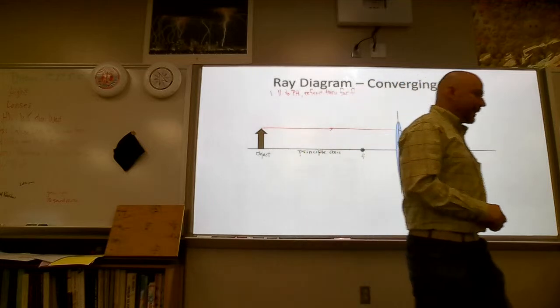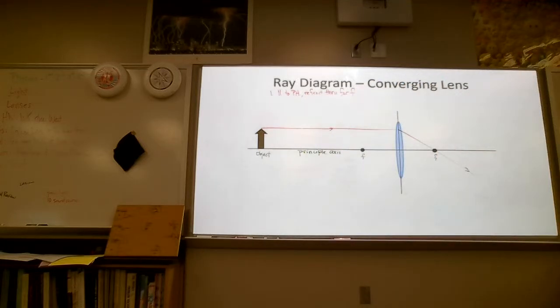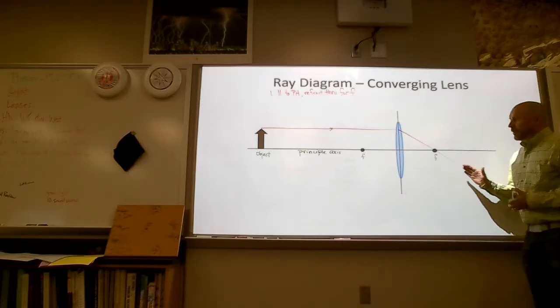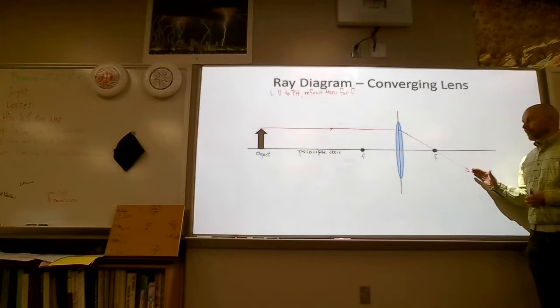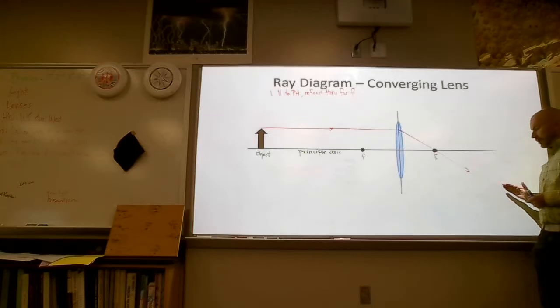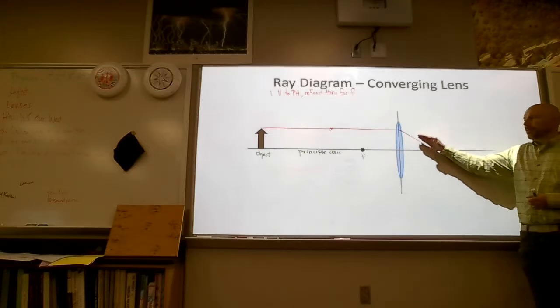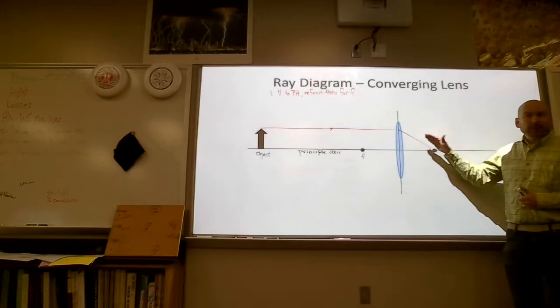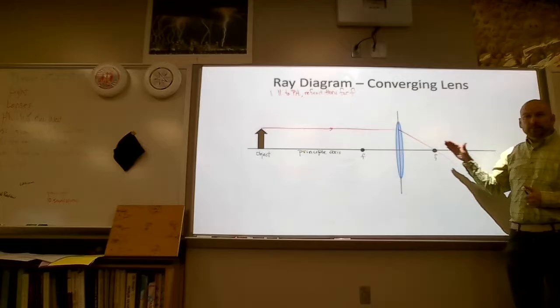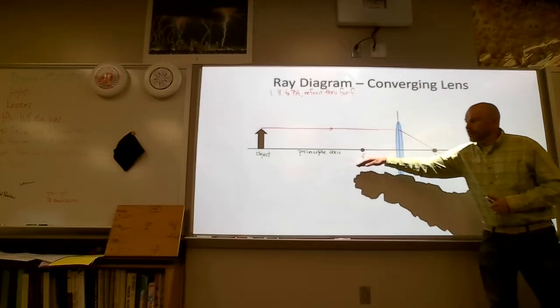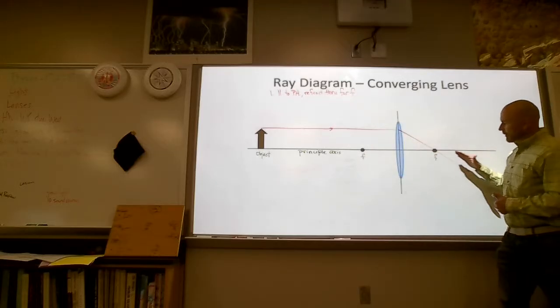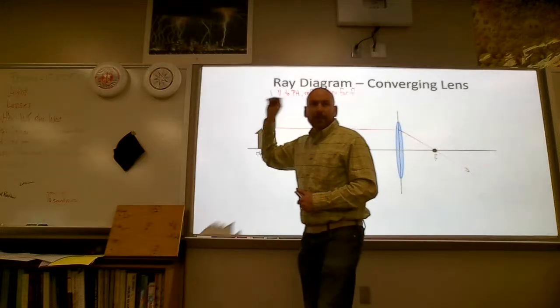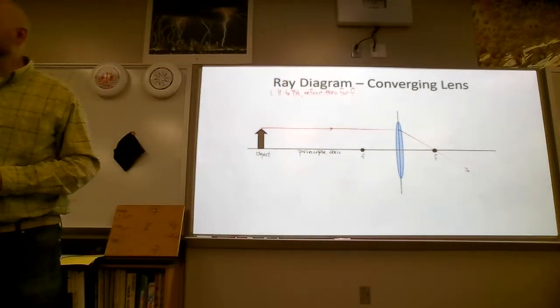To do the second ray, we're going to do this in reverse. If I shot a laser through this focal point, how is it going to bend when it goes to the lens? It's not going to go to that point because it's not going parallel. It's going to refract parallel. It's going to reverse that path.